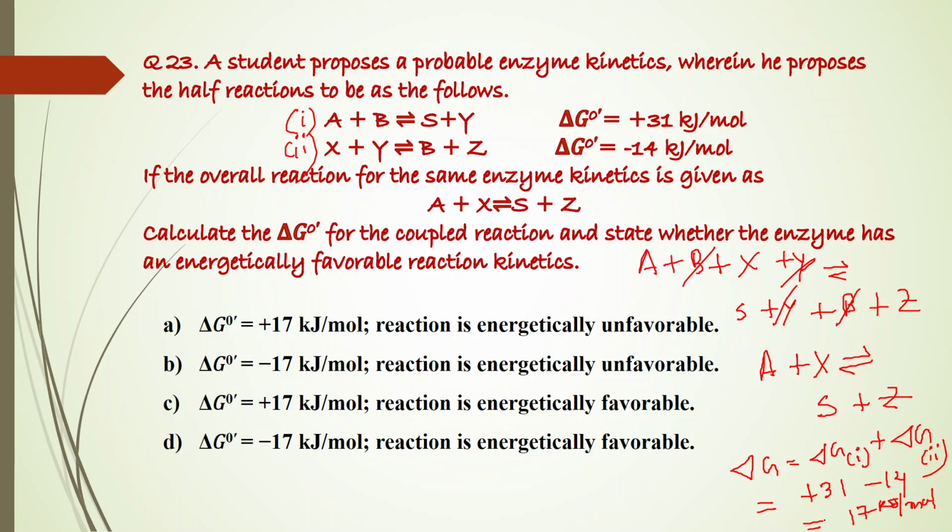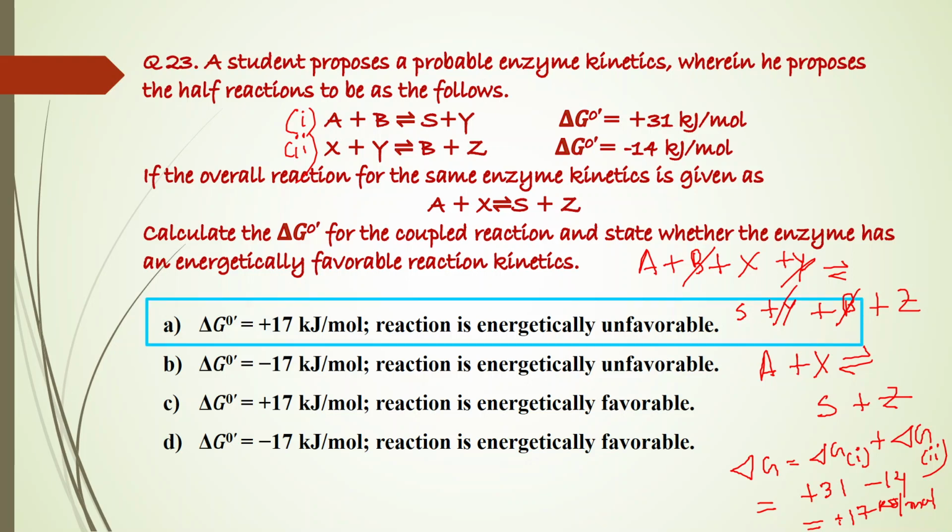Obviously, there is a positive sign in front of this. That means delta G is positive. So the reaction is energetically unfavorable. So what should be the correct option? That is, delta G's value will come as 17 kilojoule per mole and the overall reaction is energetically unfavorable.